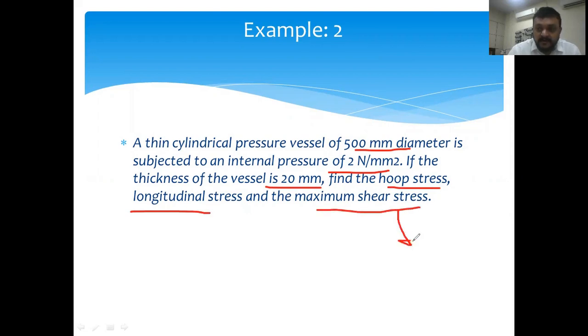That I will show you how to calculate. According to the maximum shear stress theory, tau maximum is equal to sigma T1 minus sigma T2 by 2. That I will show you in the upcoming slides. So how to calculate this problem? Just you have to see.